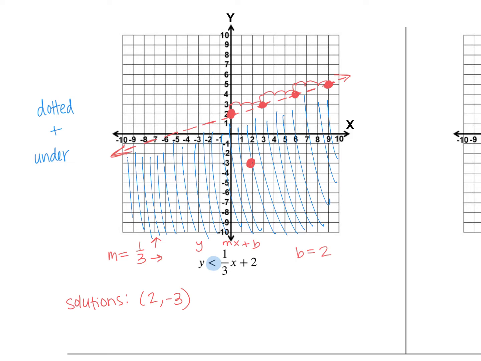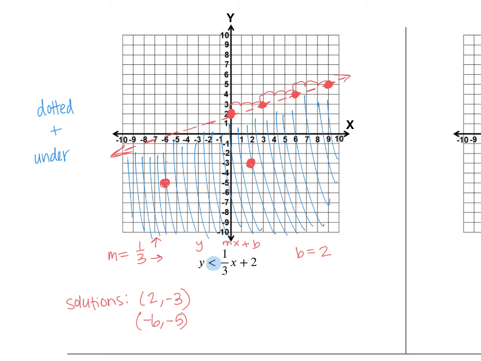Another one would be, let's go right here. This point's in the shaded area as well. And that coordinate is (-6, -5). So these are just two examples of solutions.